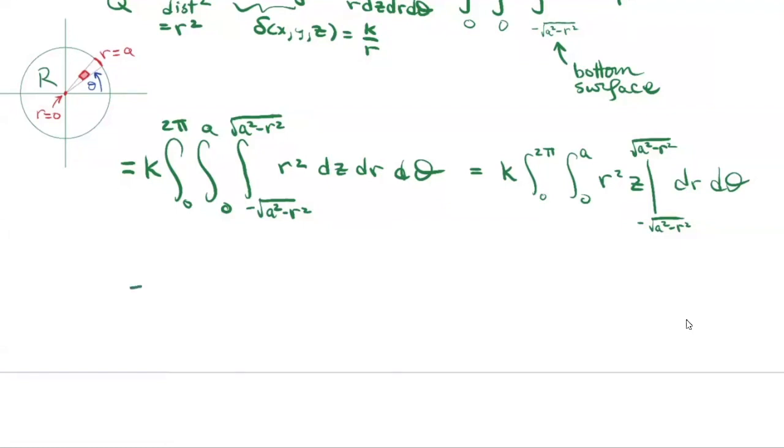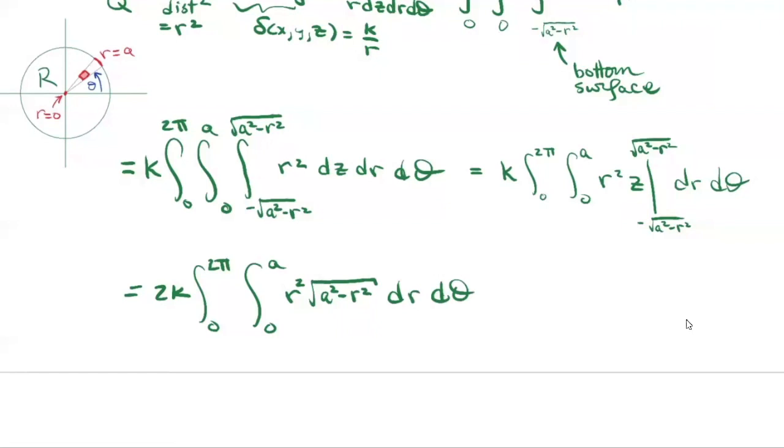So it's going to be a 2k integral from 0 to 2 pi, integral from 0 to a, and then you just get an r squared times the square root of a squared minus r squared, like that. That'll be dr and d theta, as so.